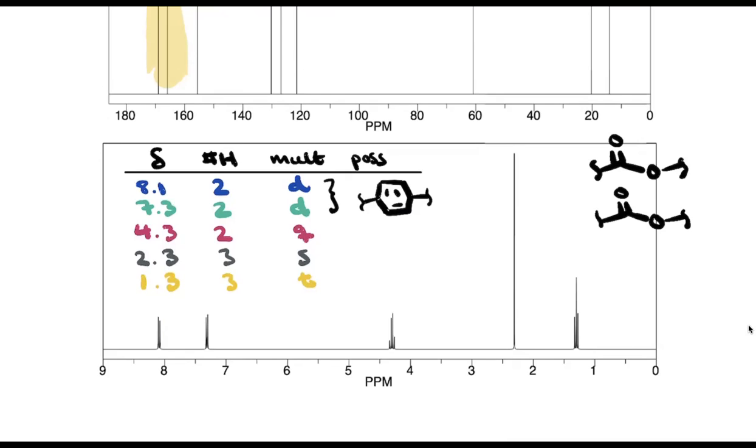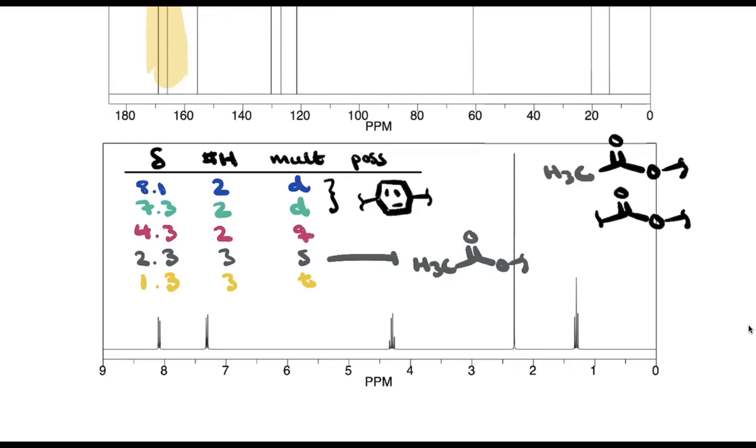The 2.3 singlet could be next to the oxygen that's double bonded. Yep, so this is likely going to be a CH3 like this. Very good. So that takes care of this side over here.